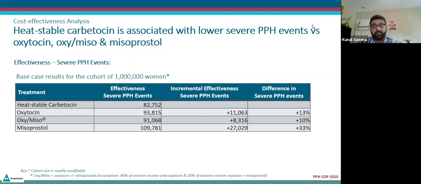We can see on the screen the additional severe PPH events range from 8,316 to around 27,000 compared to heat-stable carbetocin. So essentially, heat-stable carbetocin was associated with lower severe PPH events versus oxytocin, oxymeso, and misoprostol.